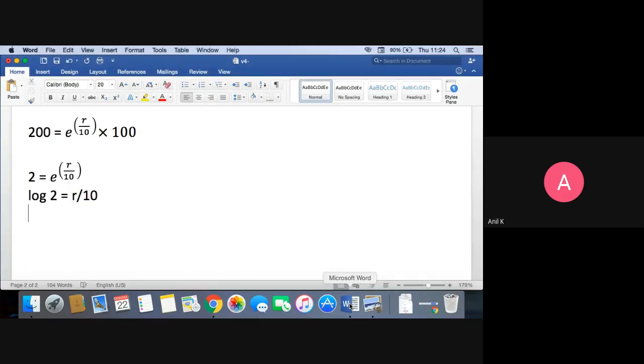So here you'll get 0.6931 equals r upon 10. Then r equals 6.931. So this is the rate of interest.